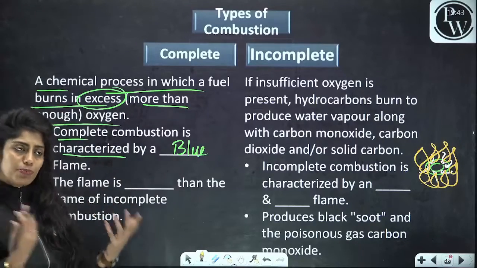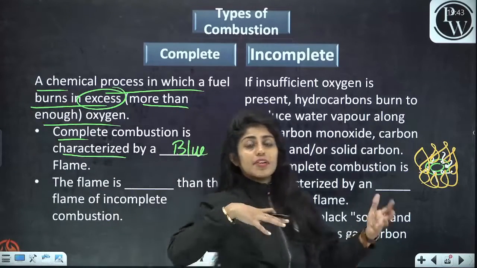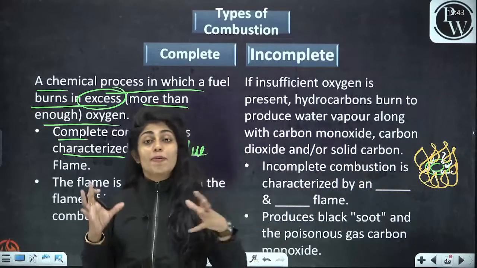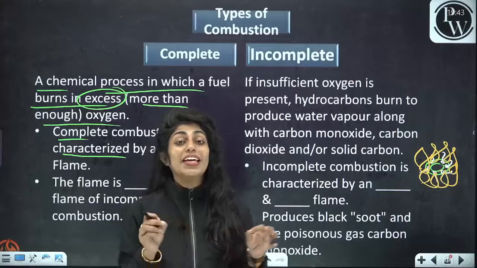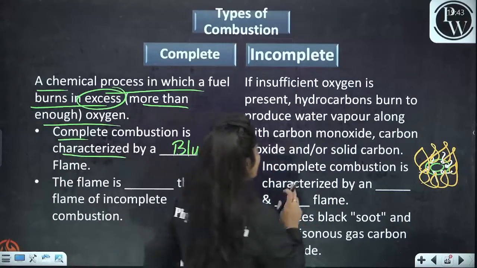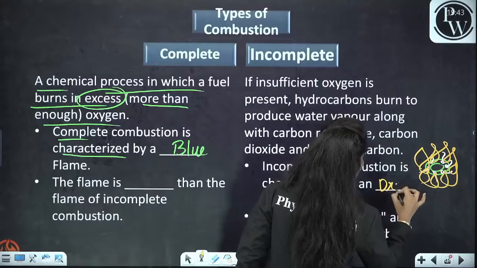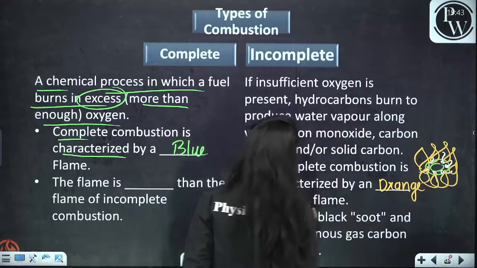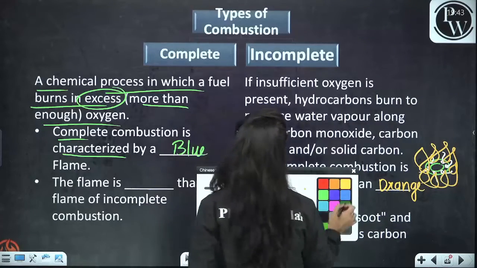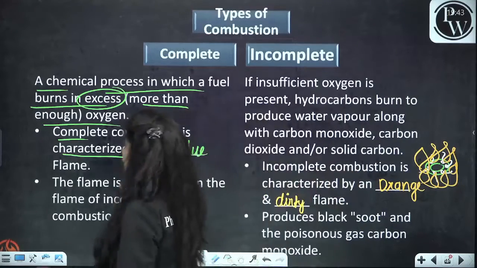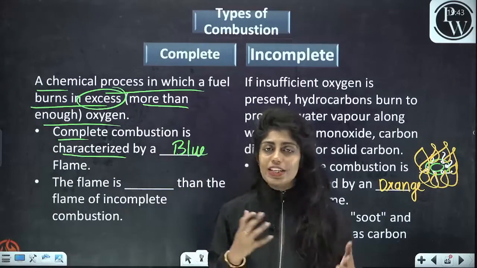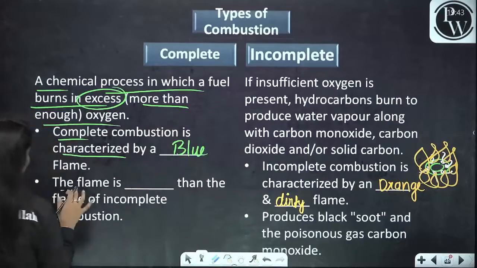But with time, when there is lack of hygiene, your stove holes can get blocked, due to which there will be incomplete combustion, and there will be an orange, dirty flame. So it is always advised to clean the stove after every usage.